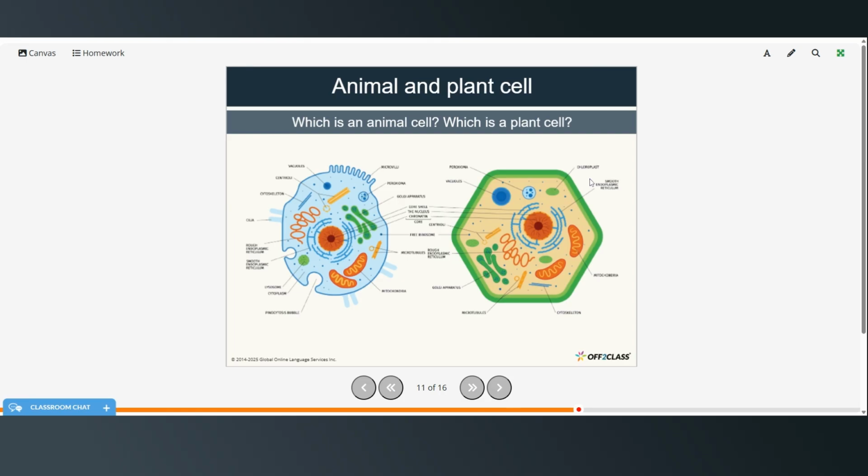An animal cell wouldn't need to produce chloroplasts. Also, the cell on the left here looks a little more complex. So animals probably have more complicated cell structures than plants in many cases.